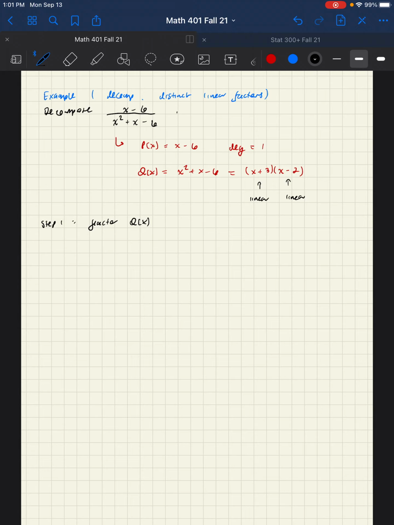This means we need to find, and I'm not going to usually use A1, A2 as the uppercase letters that we're going to have to solve for.